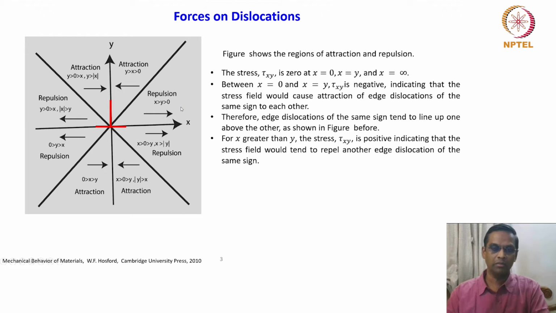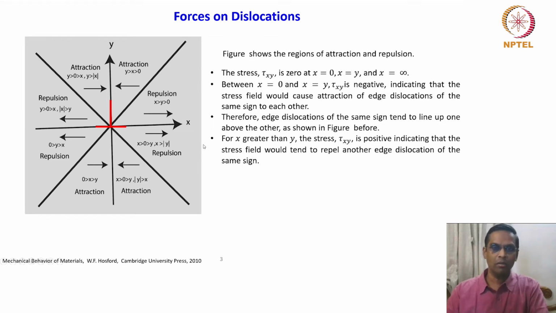The whole solid solution strengthening mechanism revolves around these two fundamental aspects. To summarize, the screw dislocation is primarily associated with shear stresses, but the edge dislocation has both shear and normal stresses: one shear component and three normal components, which are hydrostatic in nature. For the screw dislocation, it is mostly the shear component.